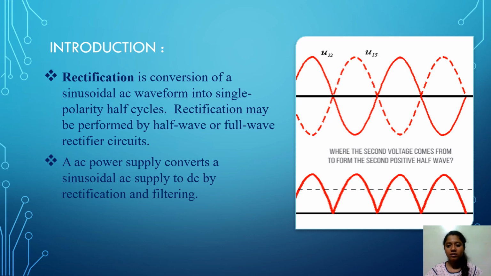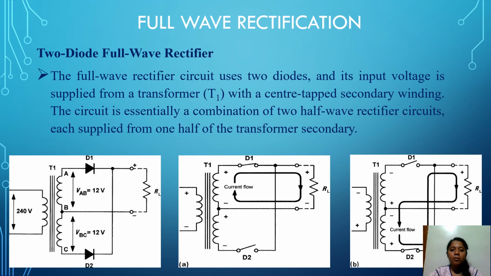Let us move on. Now let us learn about full wave rectification. Here the first picture depicts the circuit diagram of full wave rectification, where there is a primary winding and a secondary winding, and in the secondary winding we have two partitions. A transformer is used, which is a center tapped transformer, used to convert a higher voltage to a lower voltage.